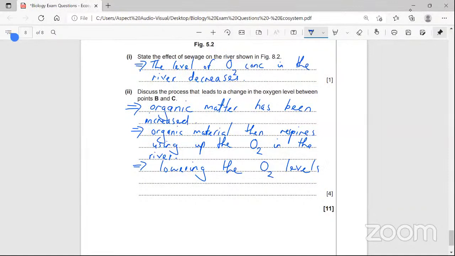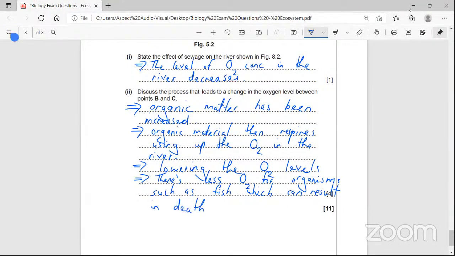What else? So there's less oxygen for organisms such as fish, which can result in their death.